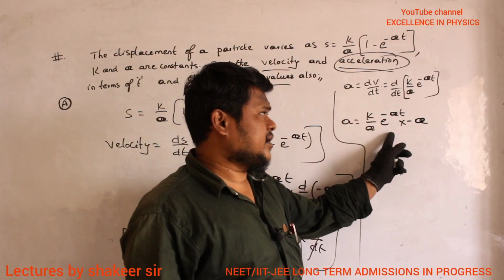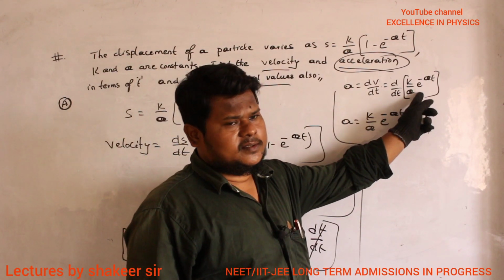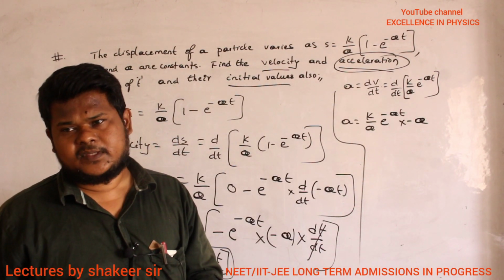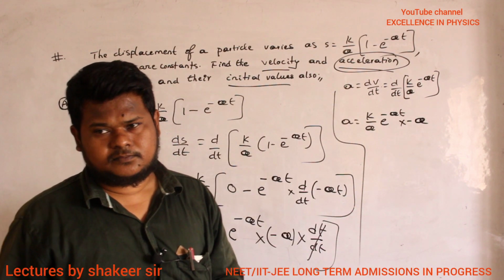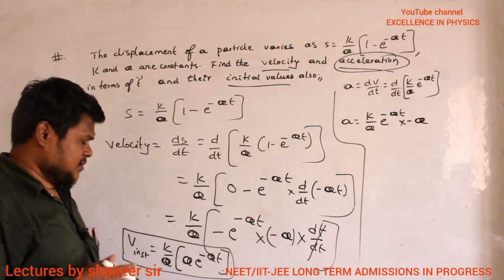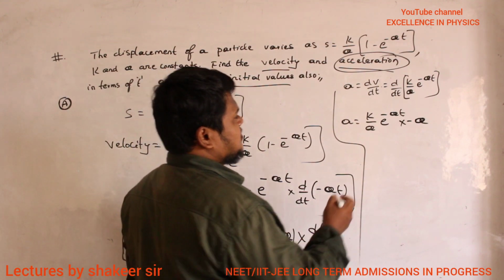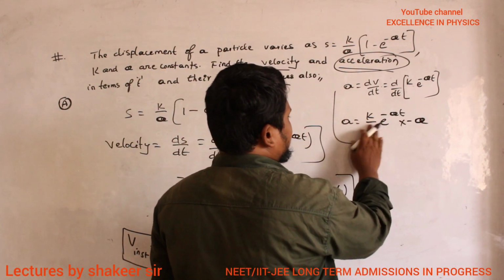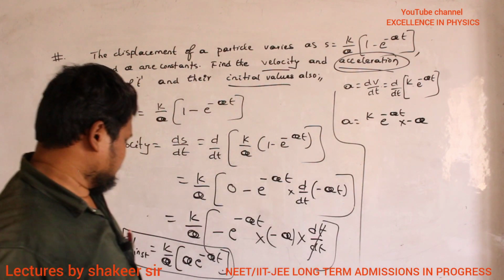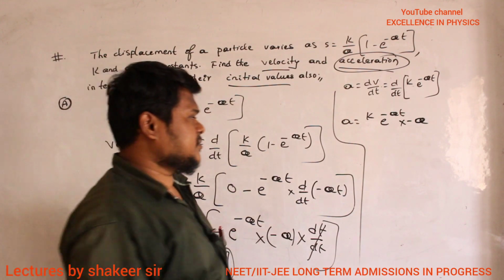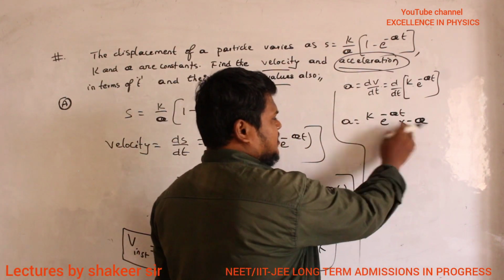So which function have we differentiated? e power x I have differentiated, which is e power x only. One more alpha is there. So then alpha gets cancelled, no? So this alpha I can remove here, this alpha also I can remove. So this alpha and this alpha will get cancelled. There is no alpha, only k is present. Clear? So up to here it is clear, no?